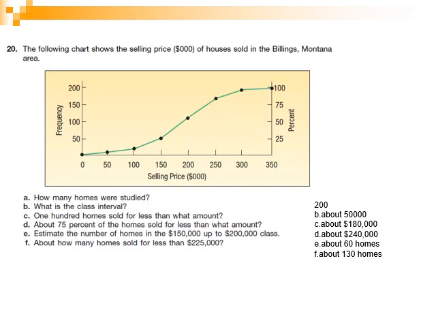Another example of this type of exercise, where we already have the chart and we are asked about data based on this chart. The following chart shows the selling price, per $1,000, of houses sold in the Montana area. How many homes were studied? How can we know the number of homes studied? This is by the total frequencies.